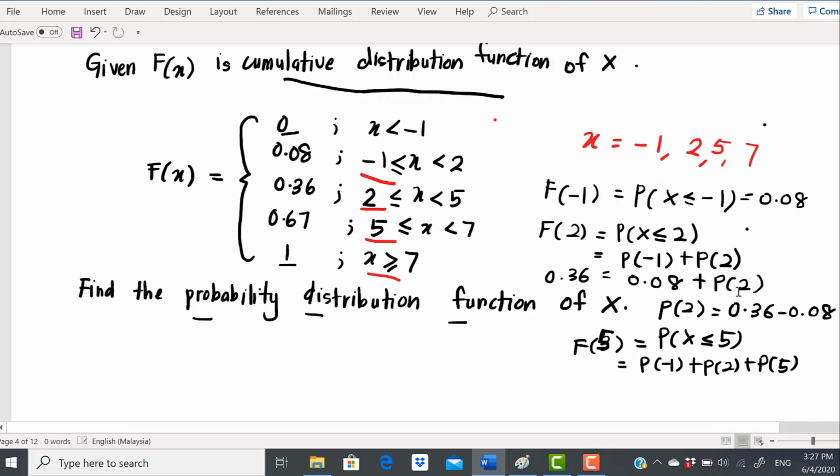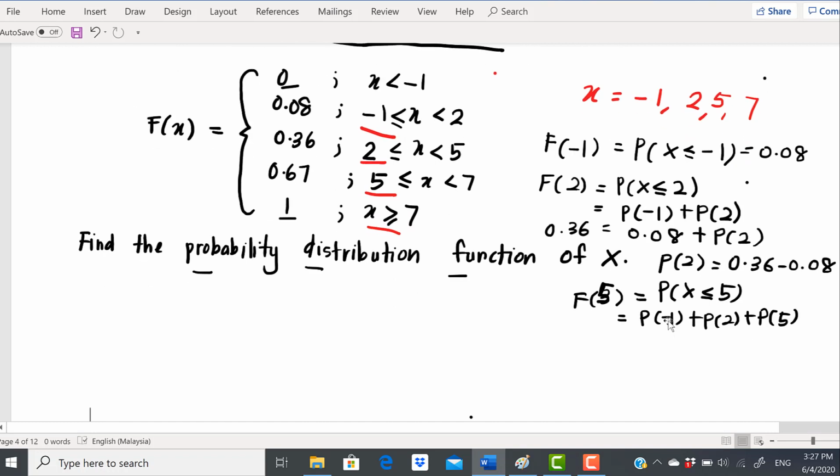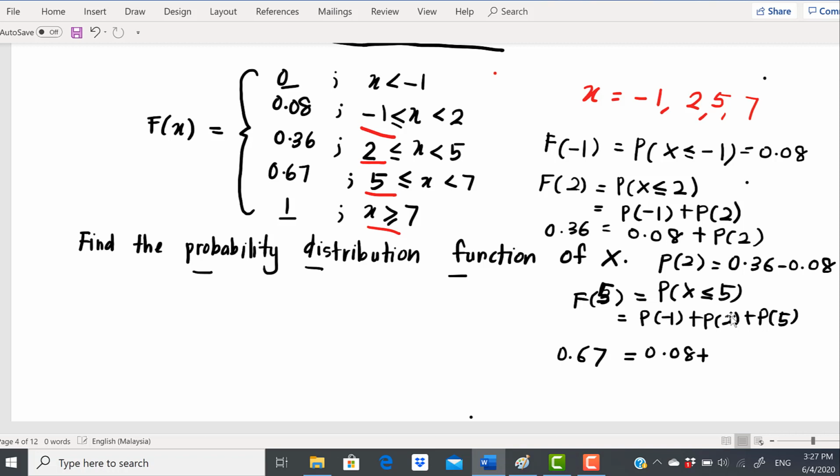Now we already have the value of -1, we already have the value of 2, but we don't have the value of P5, but we know that F5 is equal to 0.67.